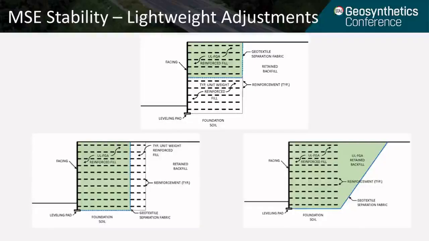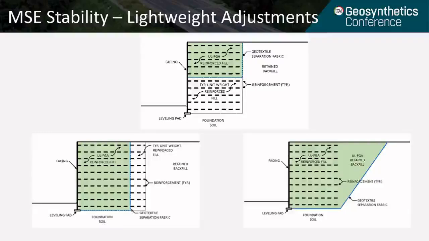In this situation, you could be increasing the factors of safety because of the additional weight of those normal weight soils, contributing to higher stress levels on the reinforcement materials, and also adding more bulk to the entire mass, and so helping external stability calculations.